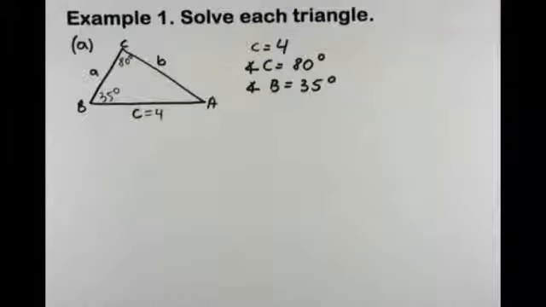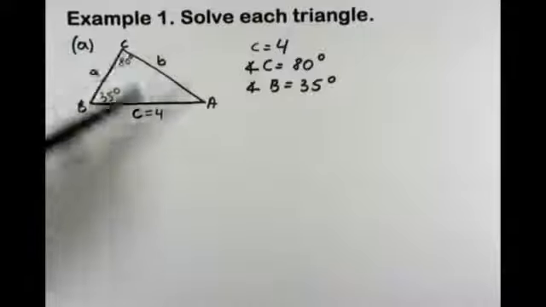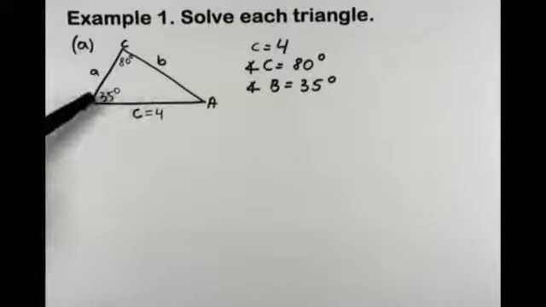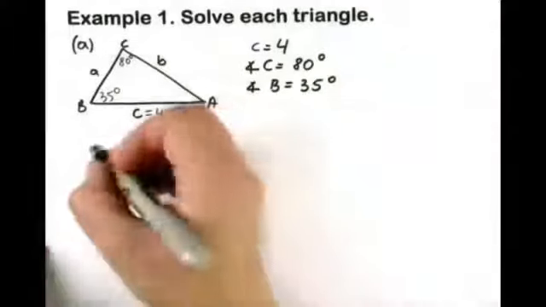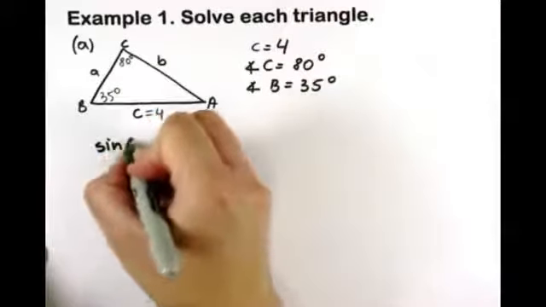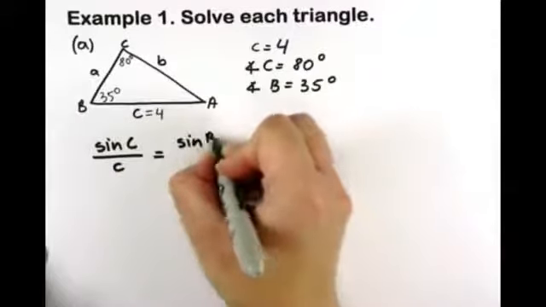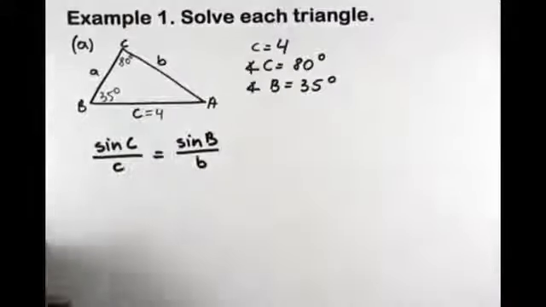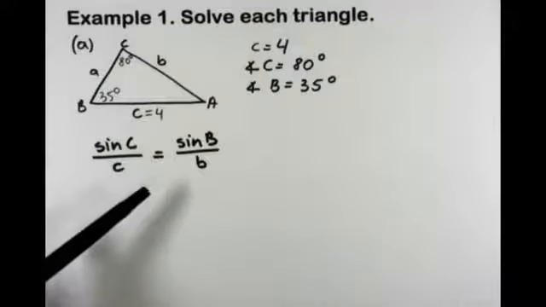So using the law of sines, we have sine C over C is equal to sine B over B. You can only use the ratio that has one unknown.